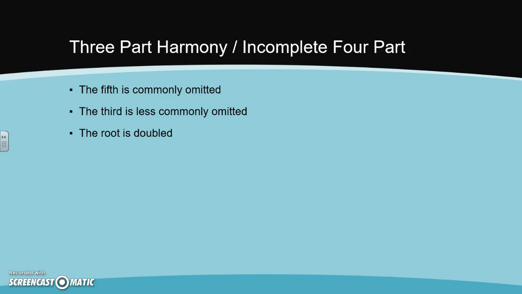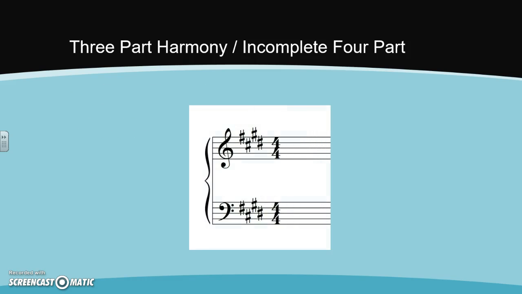Now, if you want to take that incomplete 5/7 chord and make it a 4-part, you just double the root. So let's try this. This time, why don't we start with minor? So for 4 sharps, that would be E major or C sharp minor.